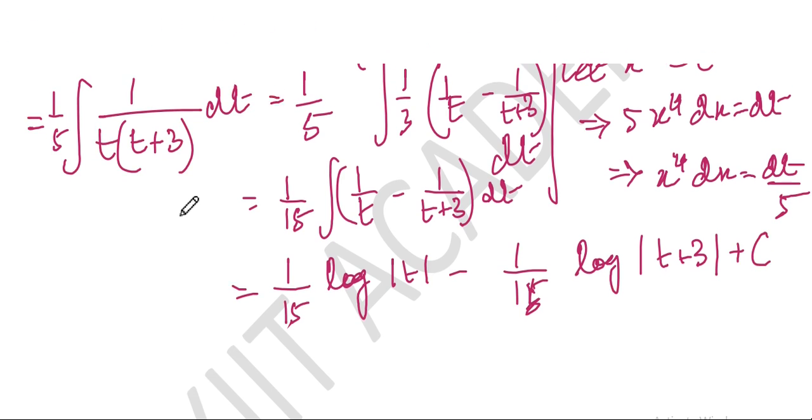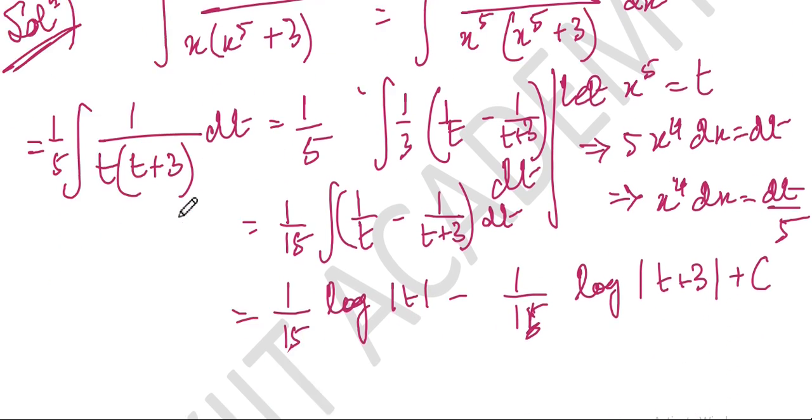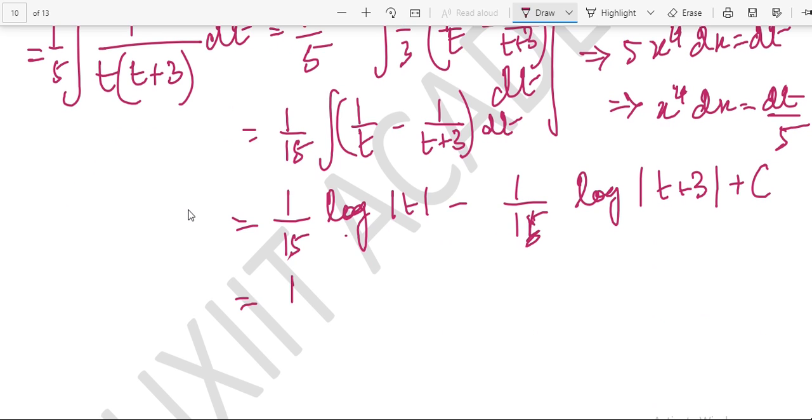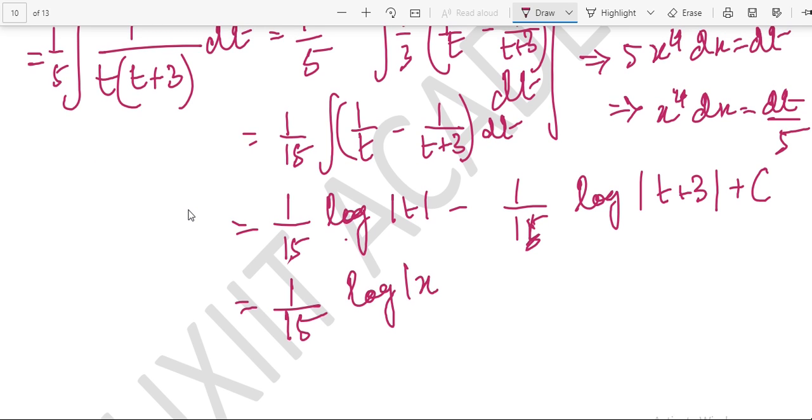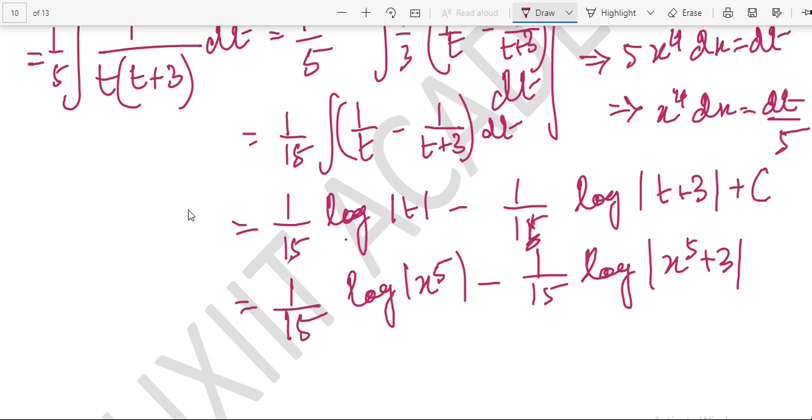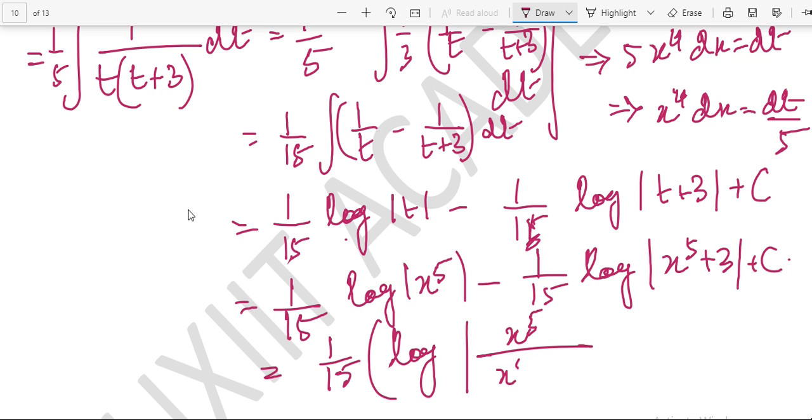So what was t? t was x to the power 5. So we have 1 by 15 into log of x to the power 5 minus 1 by 15 into log of x to the power 5 plus 3. See what we can write from here. If we take 1 by 15 common, we can write log of x to the power 5 by x to the power 5 plus 3 plus c.